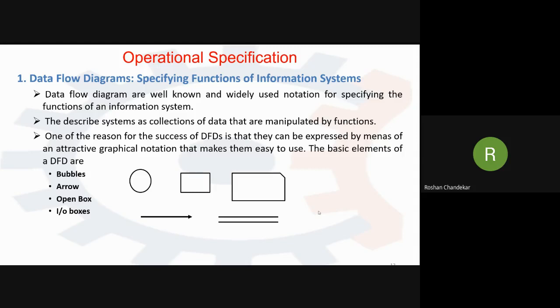The data flow diagram is a well-known and widely used notation for specifying the functions of an information system. Whatever information we have collected, we design in the operational specification by use of a diagrammatical notation known as the data flow diagram, showing how data flows from one point to another in a software specification.